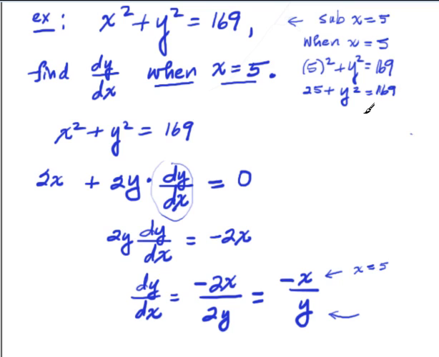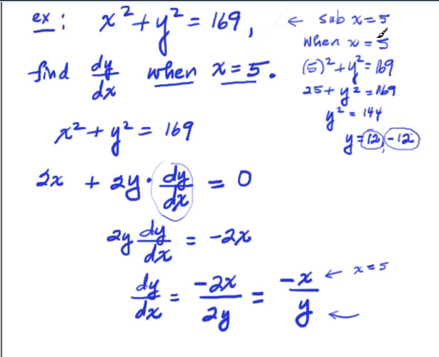Subtract 25 from both sides, and we have y squared is equal to 144. We take the plus or minus square root of both sides. So y is equal to 12 and y is equal to minus 12.